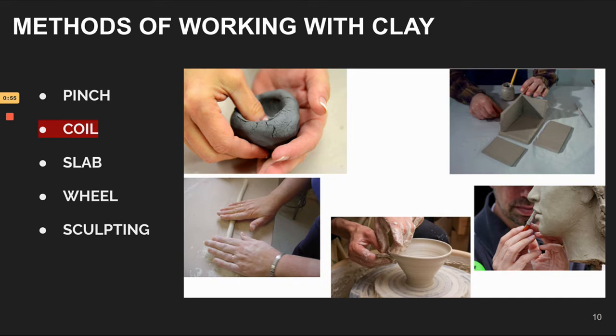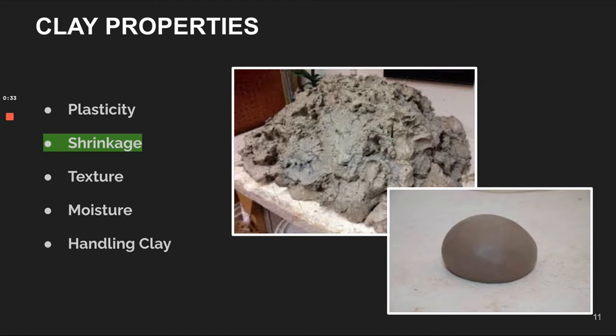So last project we focused on the slab building portion, which is seen in the top right hand corner of this slide. This project we're going to focus on coil building, which is seen at the bottom left hand corner of this slide. So remember, we're working in coil building.